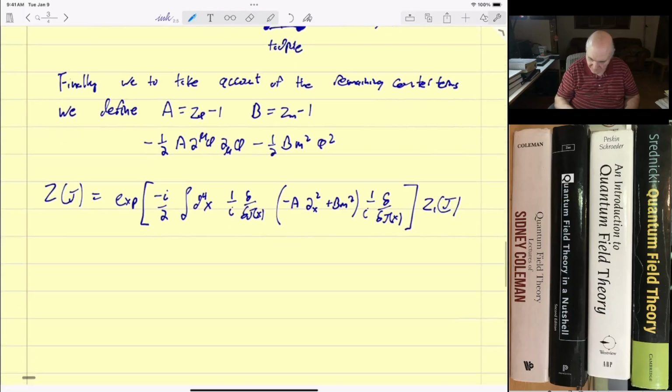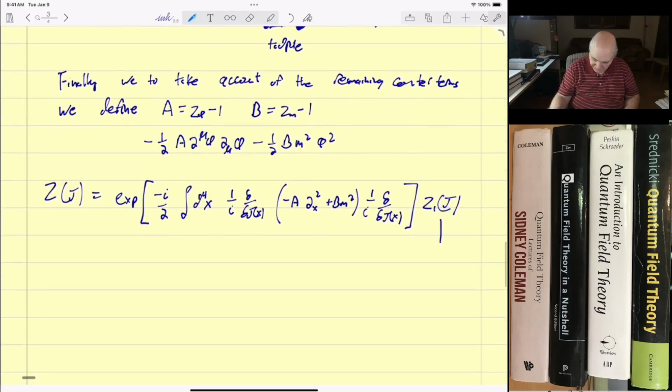Now, z1j is not the same thing we had before. This now includes the y counter term.